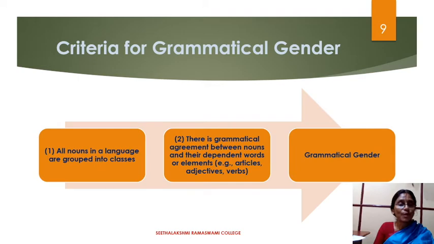So that is very important. So all the nouns in a language are grouped into one class. This is first. And the second point is there is a grammatical agreement between the nouns and their dependent words or elements, example, articles, adjectives, verbs, etc. Only when these two conditions are there, we have grammatical gender.